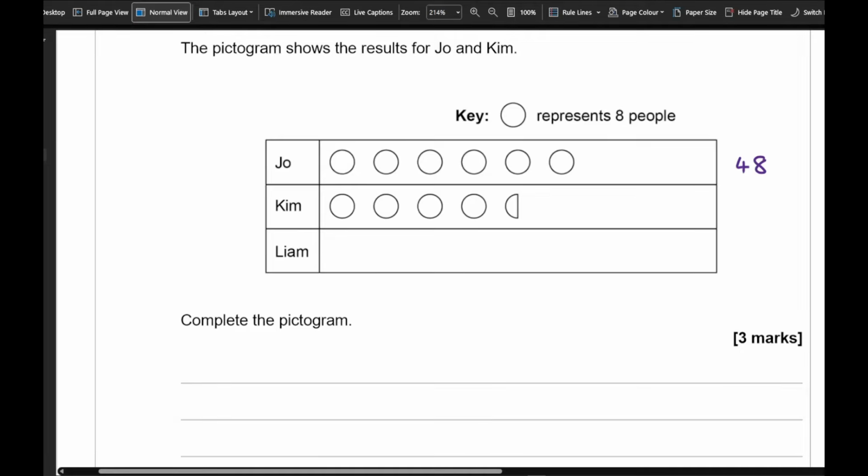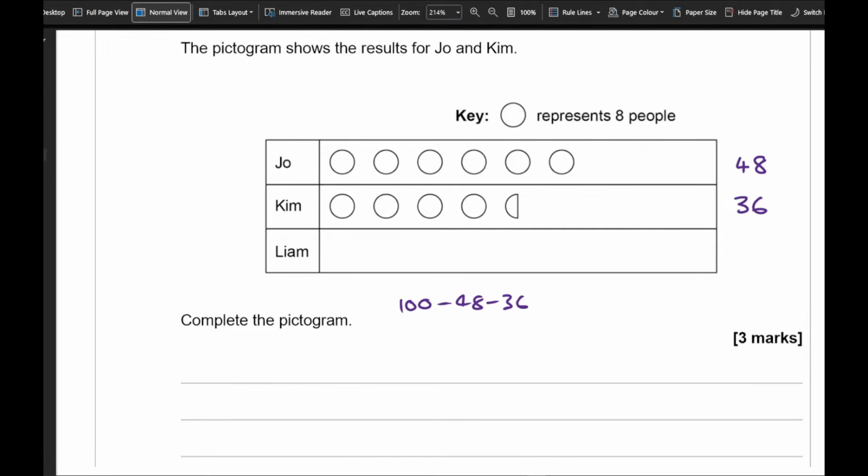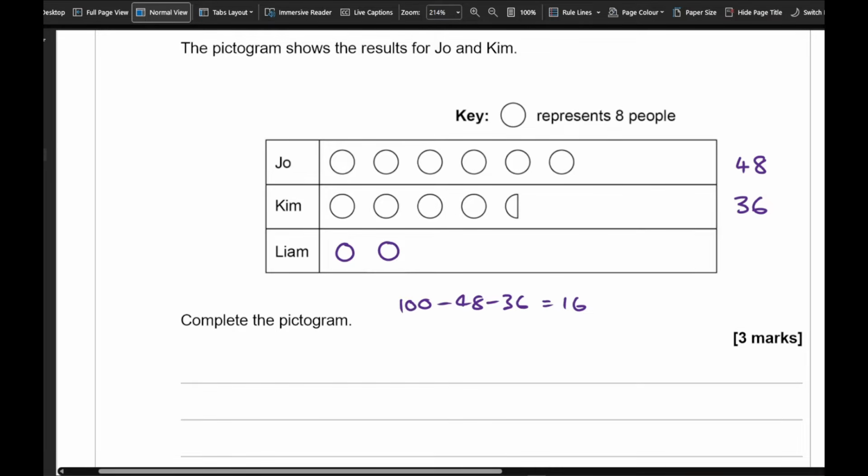I've got 32 plus 4, which is 36. So then working out Liam's total, I do 100 minus 48 minus 36, which gives me a total of 16. So that's going to be 2 full circles.